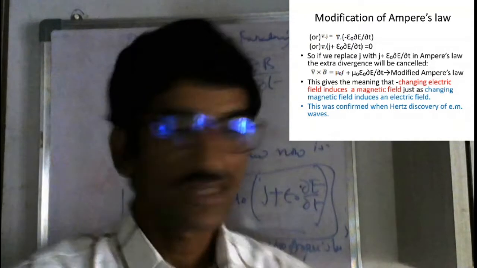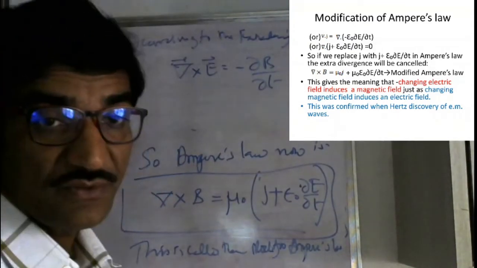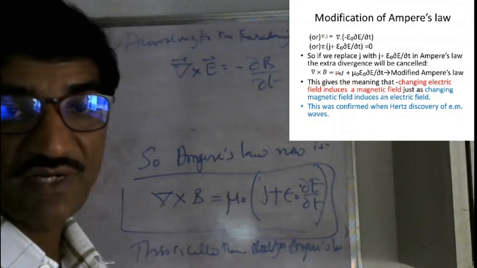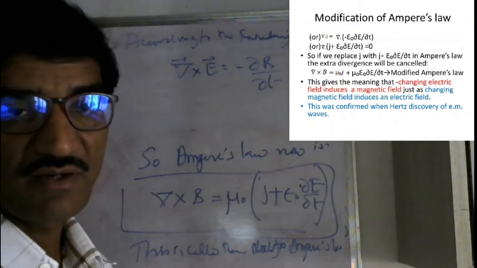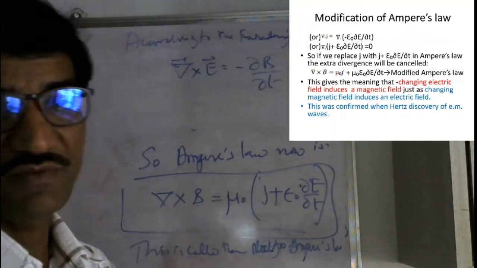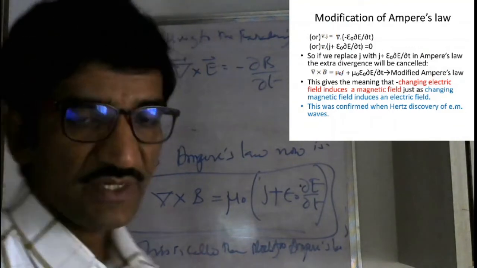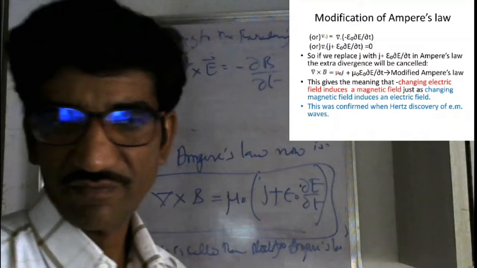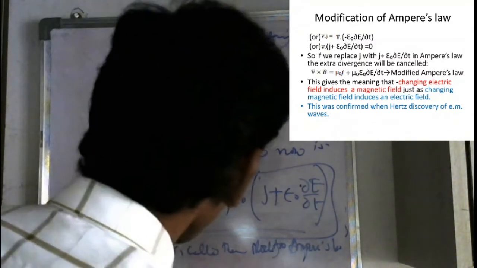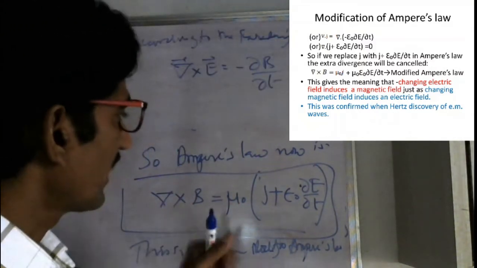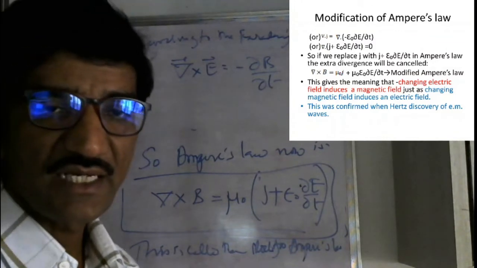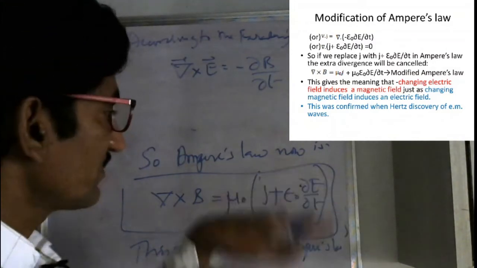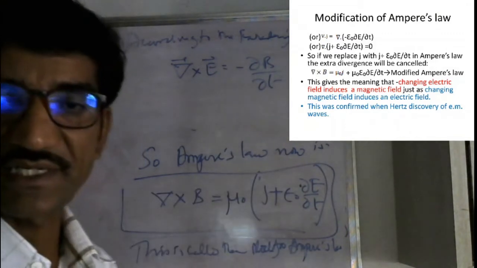So similar to the Faraday's law, adding a new term to Ampere's law is also a very fundamental discovery. Later we will see the importance of this term. What does the modified Ampere's law convey? It conveys that changes in the electrical field induce the magnetic field.